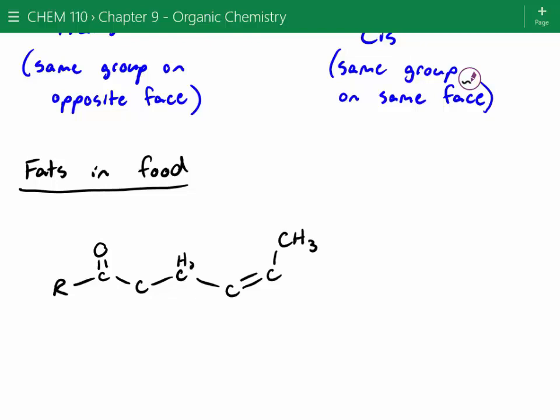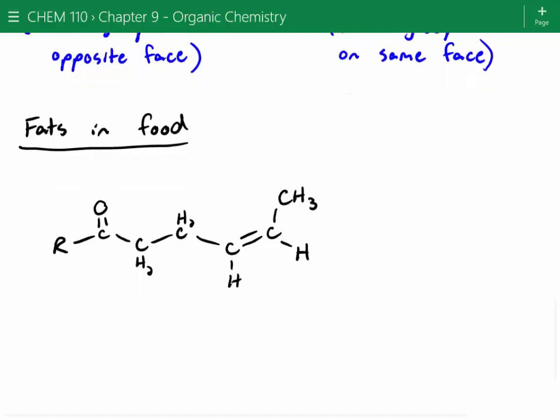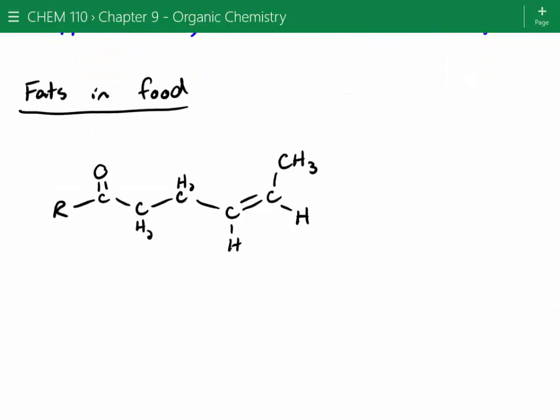I'm just going to write H2, H2, H, and H. All right, so if this is a fat in our food, is this a cis or a trans alkene? We know we've got an alkene because we've got the double bond. But is it going to be cis or trans?